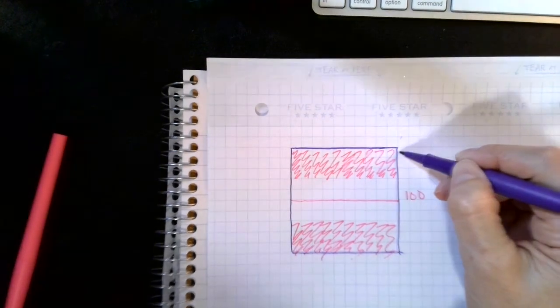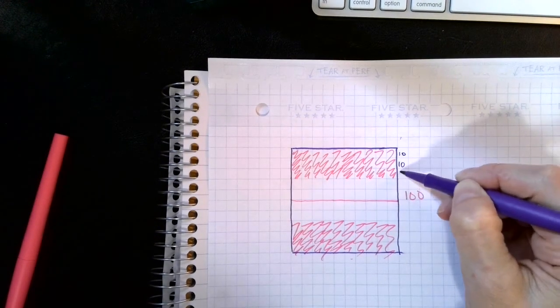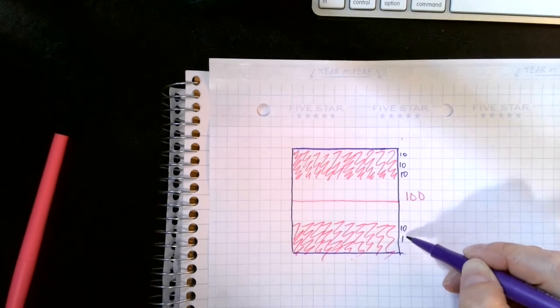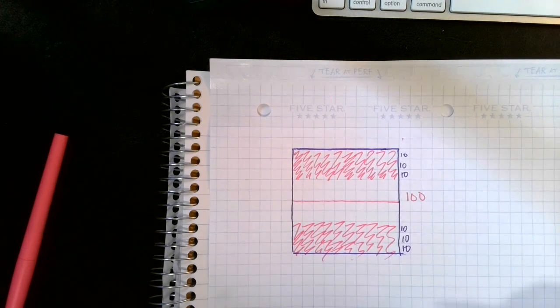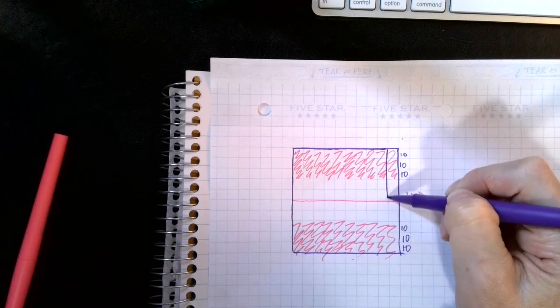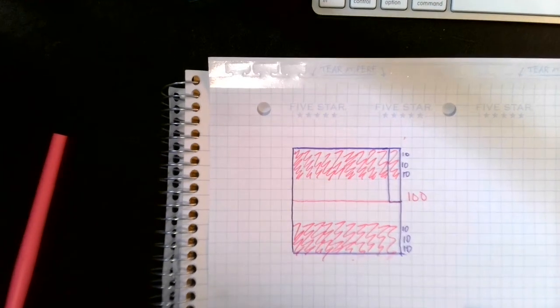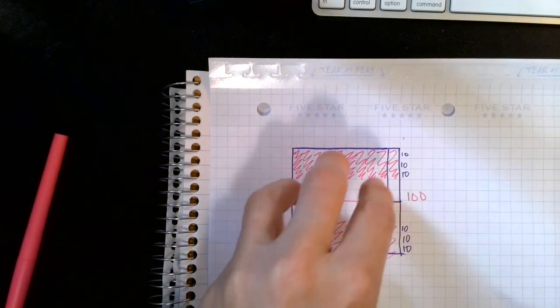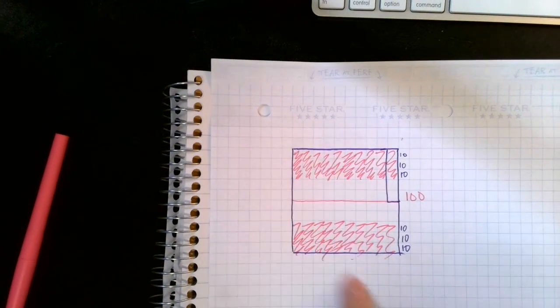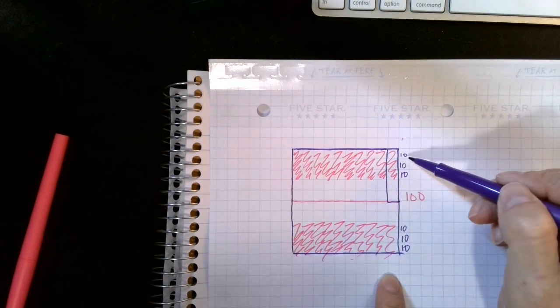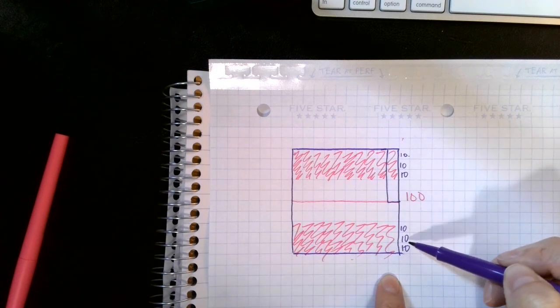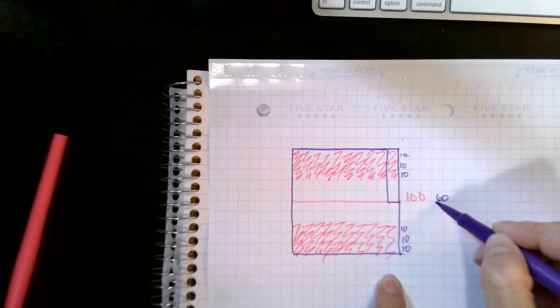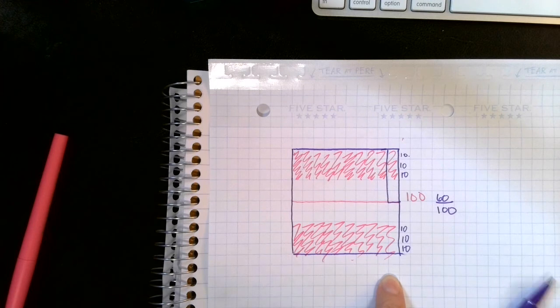So I've shaded in 10, 10, 10, 10, 10, and 10. So every time I took a 3 out of 5 and then filled up my 100 with all of those 3 out of 5s, I shaded in 10, 20, 30, 40, 50, 60 out of the 100.